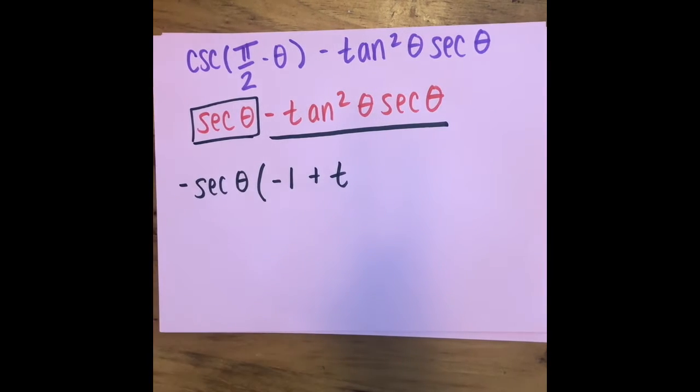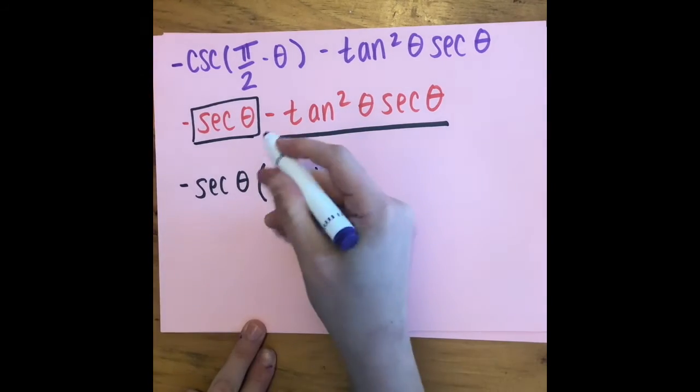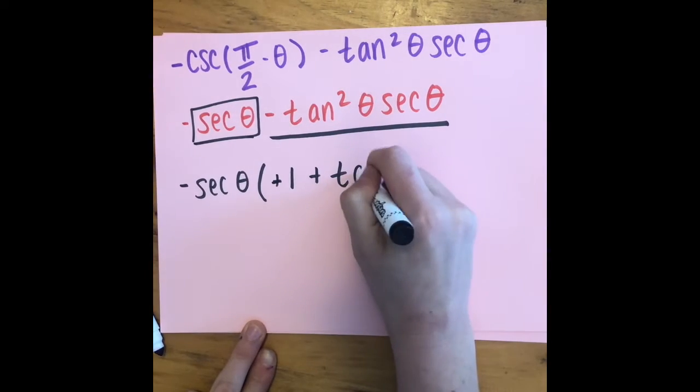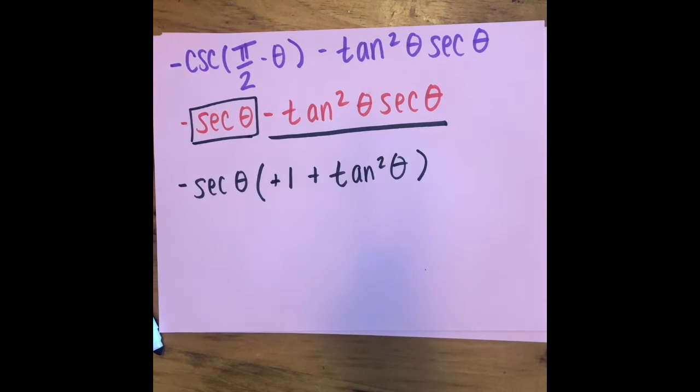Oh, my bad. These are all negative. So we're going to pull out negative secant theta, and we get a positive 1 plus tangent squared theta. How does that help us?